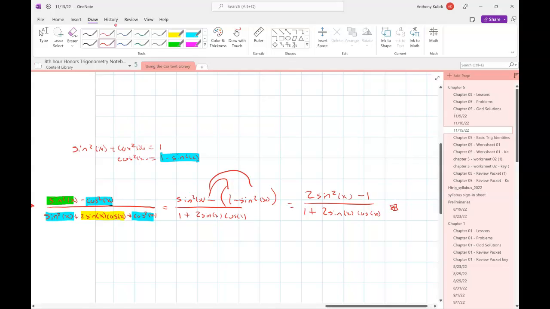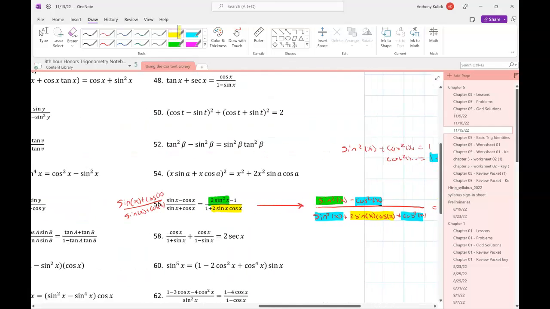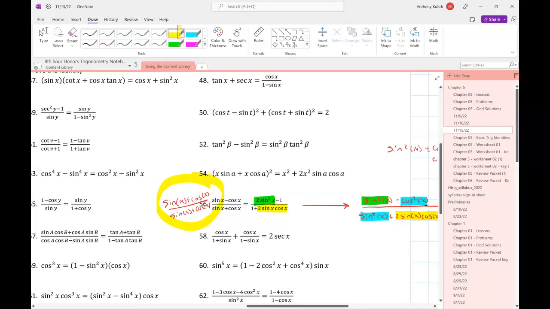Sorry, how did you get the 2 sine squared x? So I have sine squared minus a negative sine squared, which is sine squared plus sine squared. Is that okay?